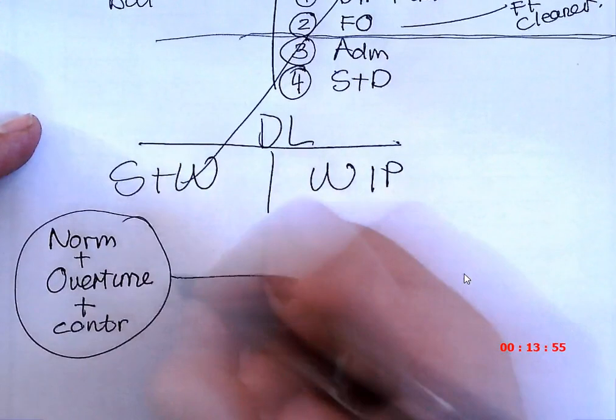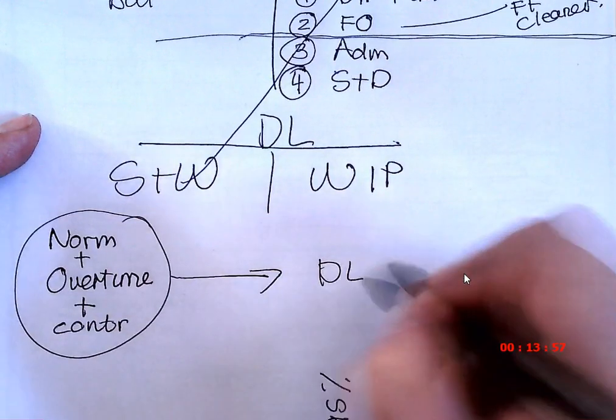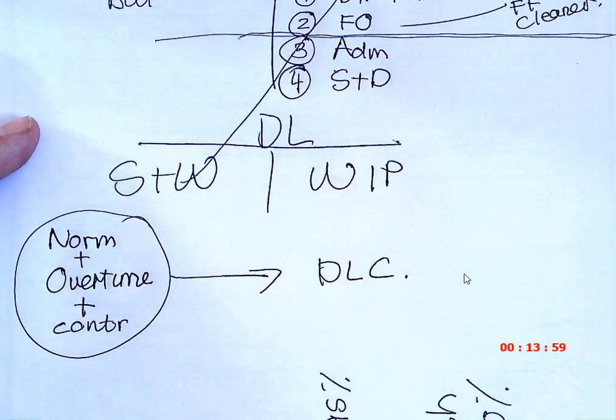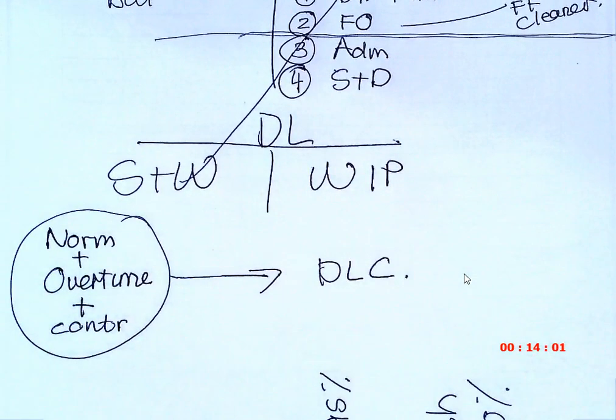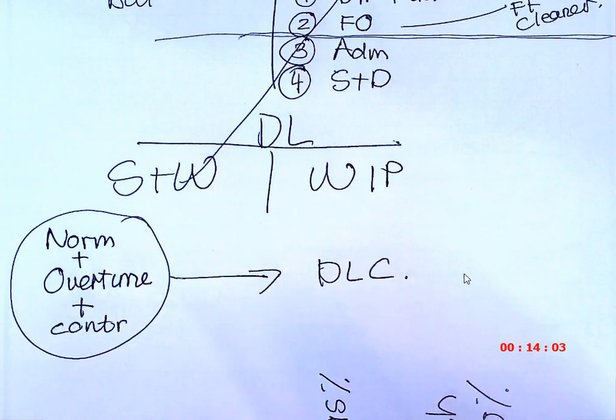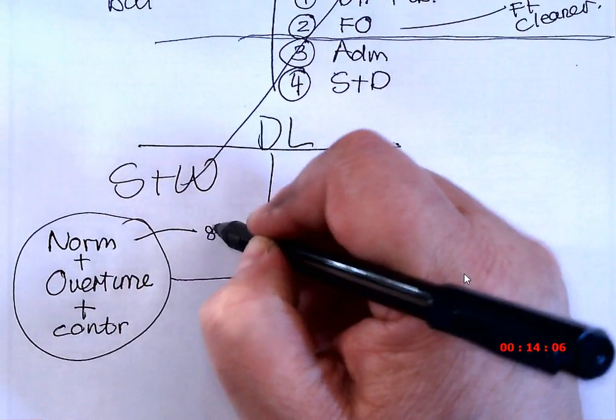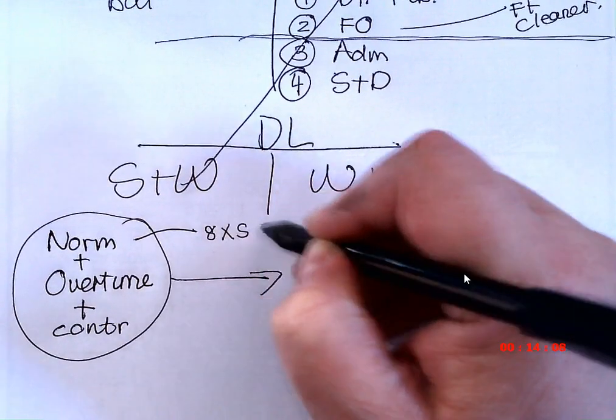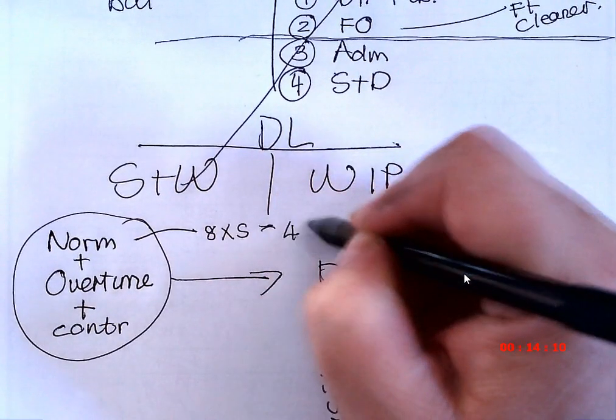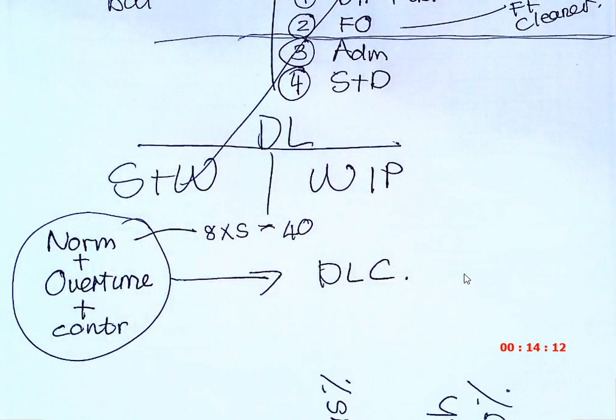All of that gives you the direct labor cost. Okay? So norm time is 8 hours a day, 5 days a week, meaning 40 hours a week. That's norm time. Anything you work more than 40 hours, it's overtime. And usually they pay you more for overtime, right?